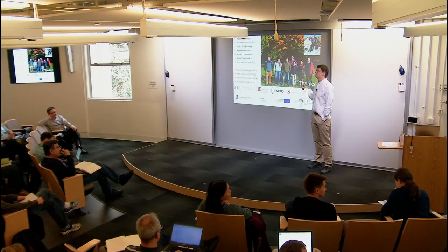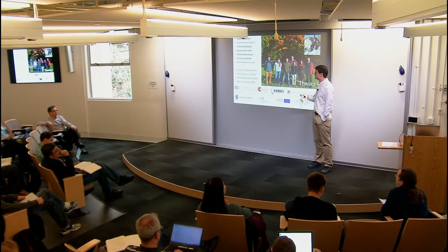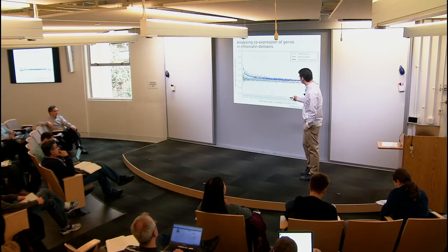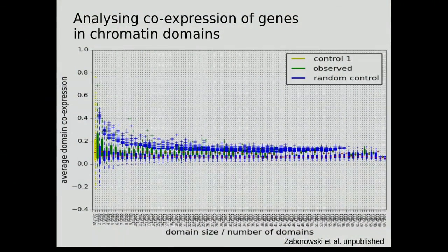But in terms of validation of this lower level, I just showed you this one plot here, which shows how the observed correlation of expression goes as opposed to a randomized control. And it actually is peaking at the very lower end, and we have a control, so this is not due to the fact that these are just smaller elements and these things are closer on the genome.